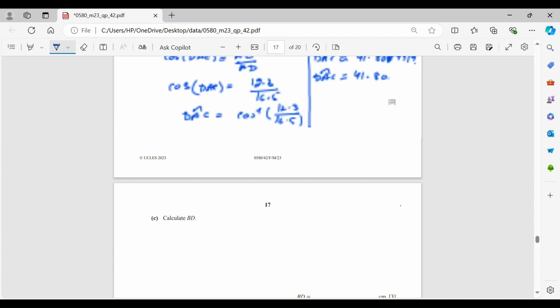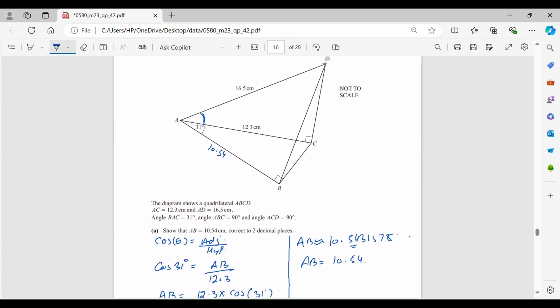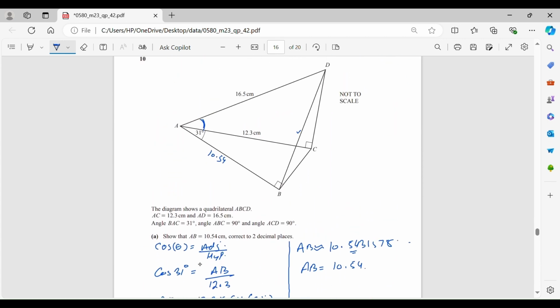We need to find BD, right? This length. Okay, we will take the triangle ADB. So this angle is 41.80, right? This whole angle will be equal to 31 plus 31 plus 41.80, which is equal to 72.80, right? Angle A will be equal to 72.80.